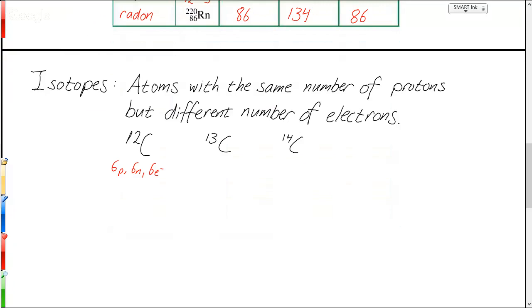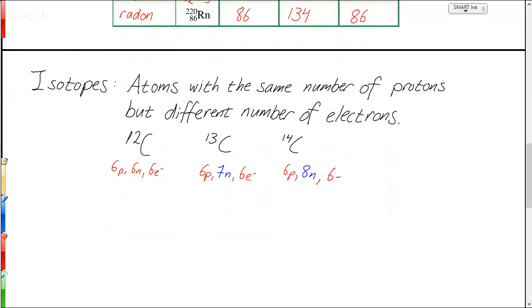Carbon-13, since it's still called carbon, still has 6 protons, and so does carbon-14. The difference comes in the neutrons. Now we've got 7 neutrons, or 8 neutrons. And then since neutrons have no charge, that doesn't affect the number of electrons.